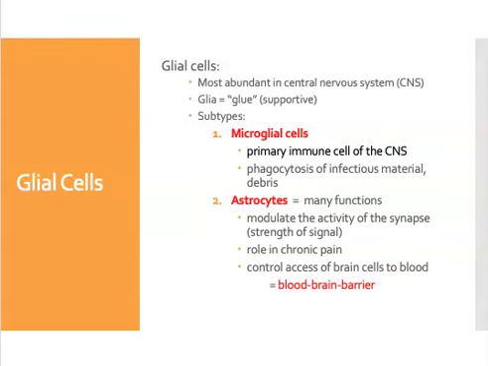Other jobs that the astrocytes perform, we know that they help modulate the signal that comes to a synapse, that comes to a point of communication between cells in the nervous system. They help impact how strong or how weak that signal is going to be. We also know that they play a role in chronic pain.